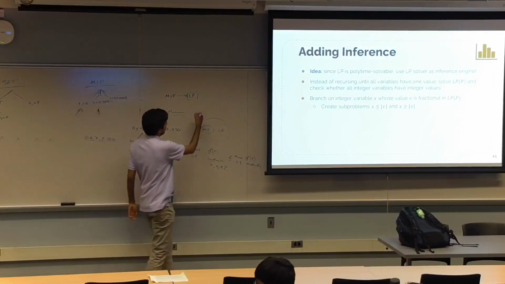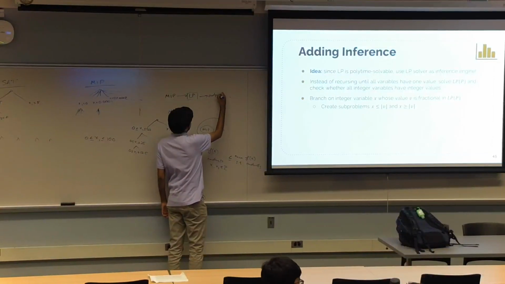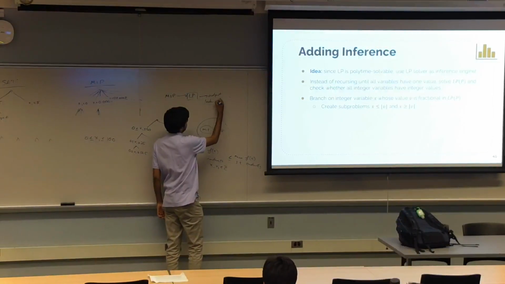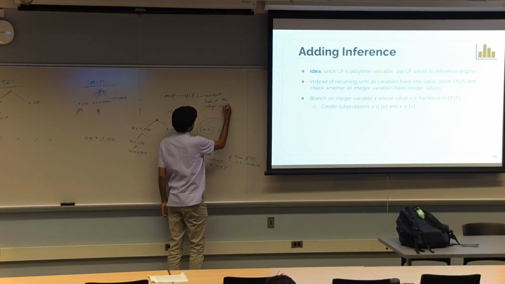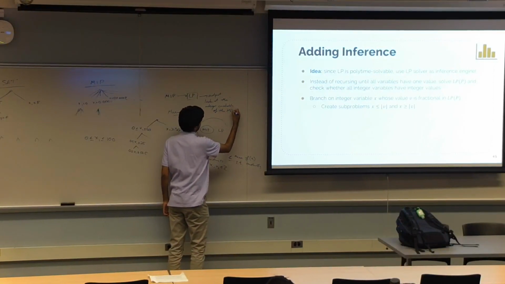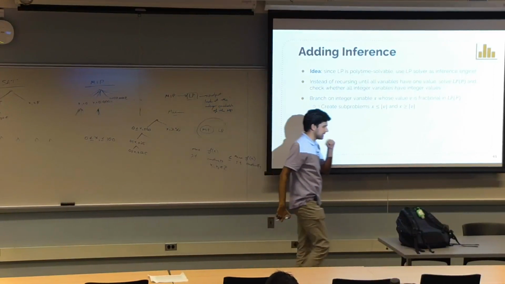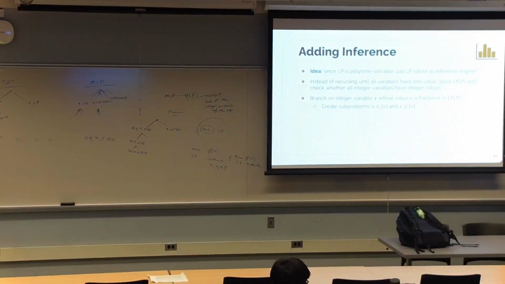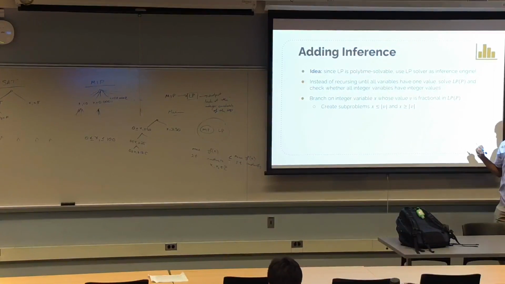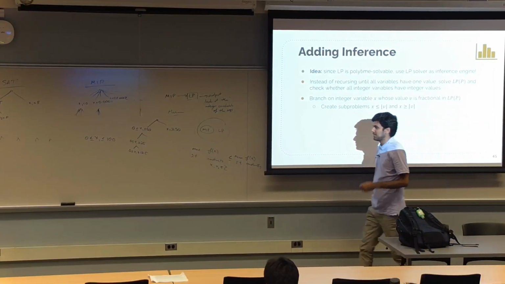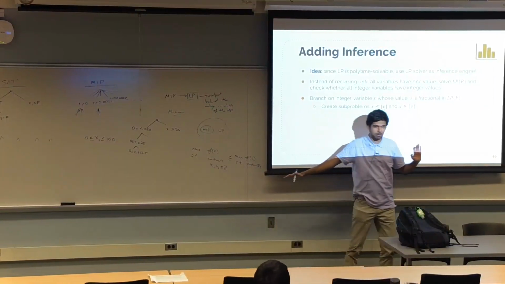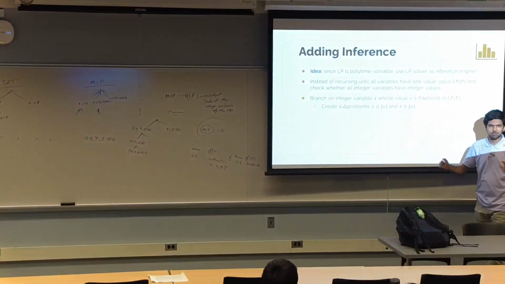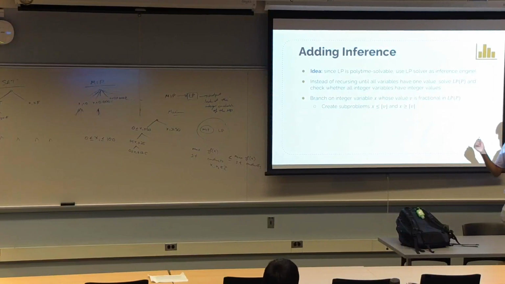Then we'll take the output of it, and we'll look at the integer constraints of the MIP, the mixed integer program. So we'll put it into the linear program. If it outputs a solution where the variables that we said should be integers just happen to be integers in our linear program output, then good, we're done. We don't have to worry about anything, because by coincidence it worked out.